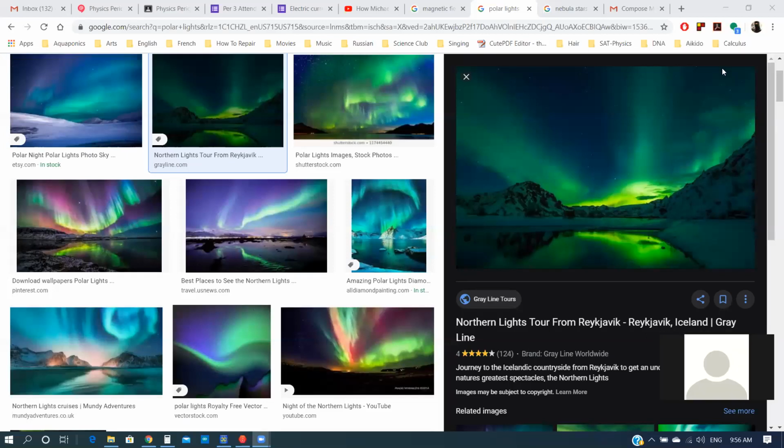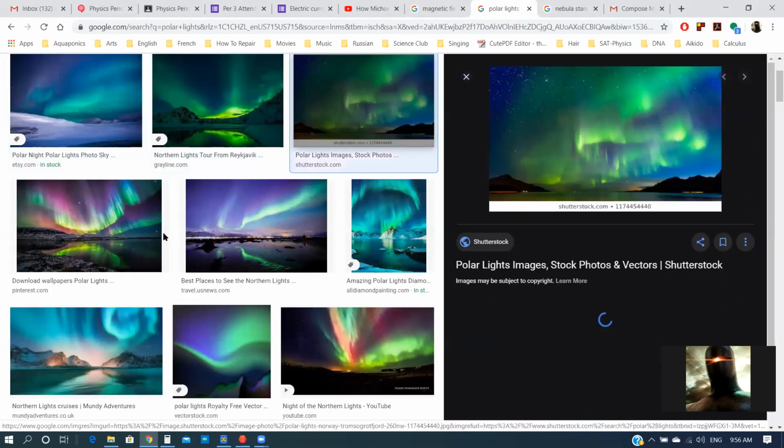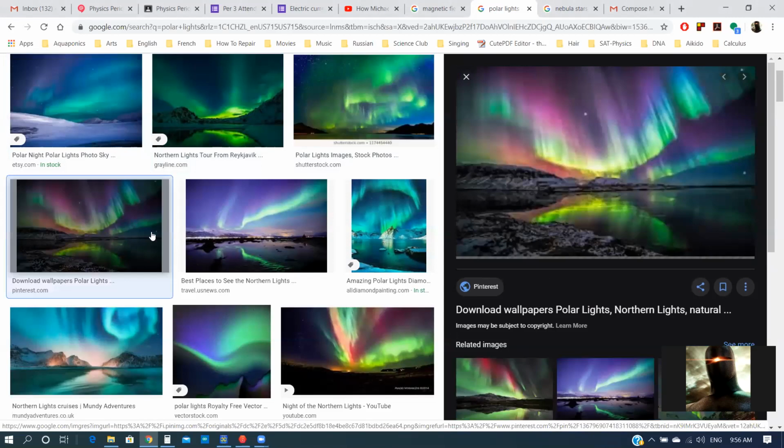Okay, so you see all these colors, they are really interesting, and they come from about 50 to 70 kilometers above Earth. This is where lights basically are generated, northern lights and southern lights. And you will see a lot of green light coming from that phenomenon.